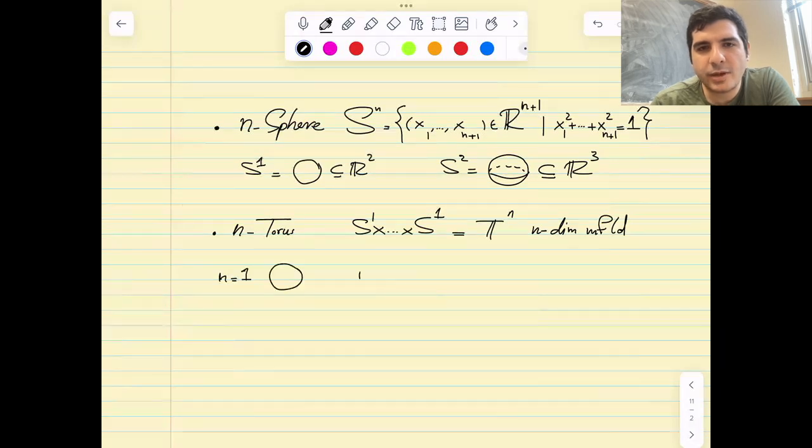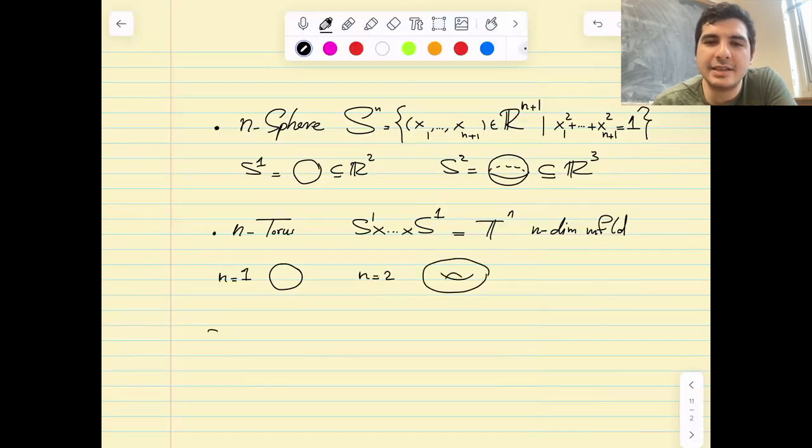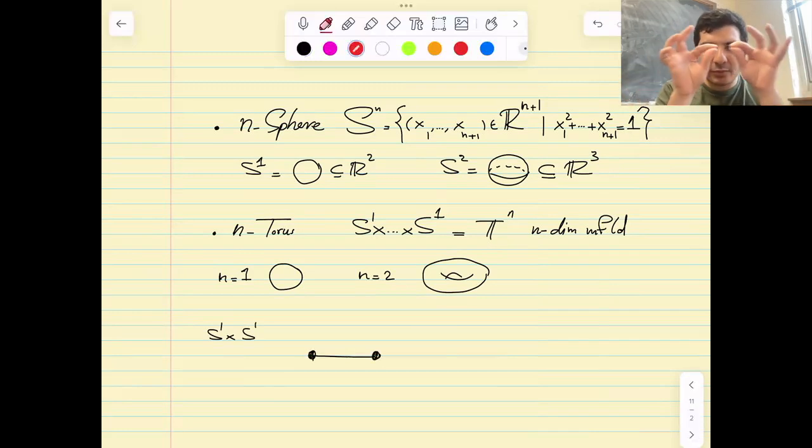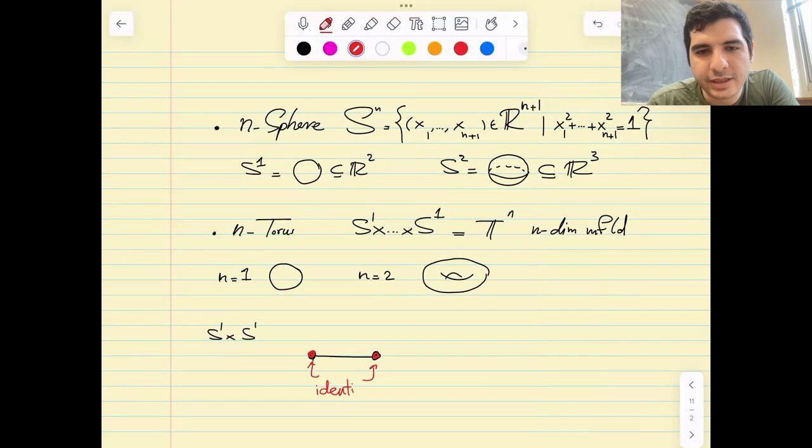So when n is equal to 1, we get again the circle. So T1 is the same as S1. In the case n equals 2, we get the surface of a donut. To see this, think about S1 times S1. A circle is like an interval where the endpoints are glued together or identified. So S1 is the same as an interval where these two red points are identified.